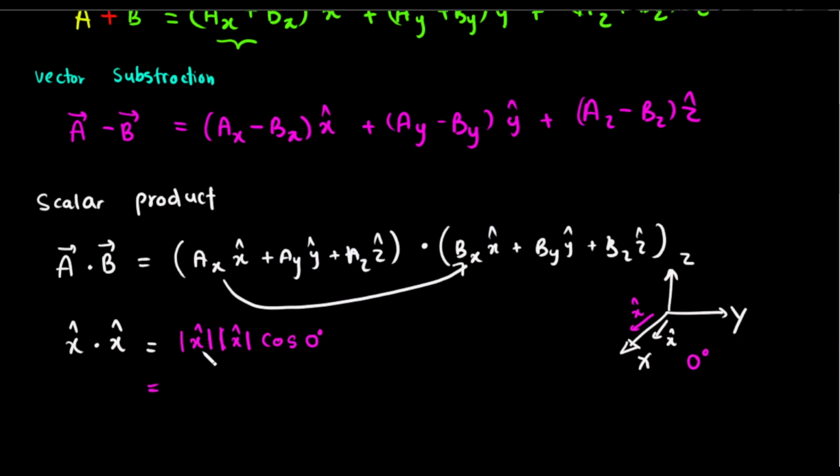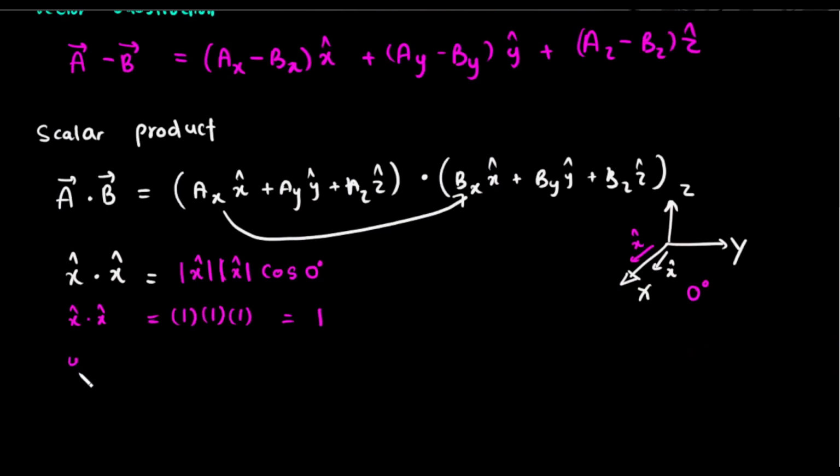The magnitude of a unit vector is 1, and cosine 0 is equal to 1. So x hat dot x hat is equal to 1.